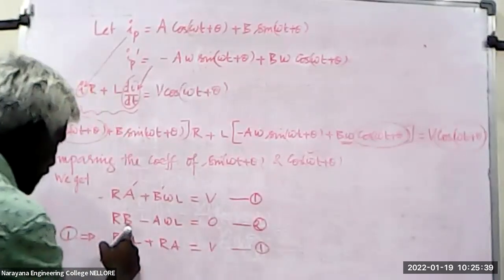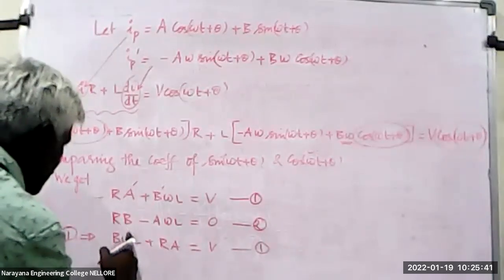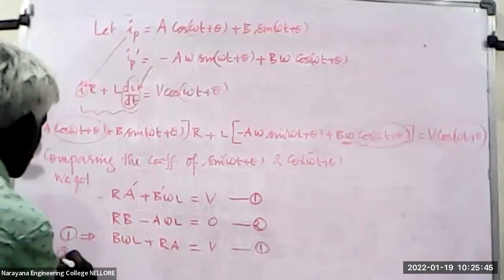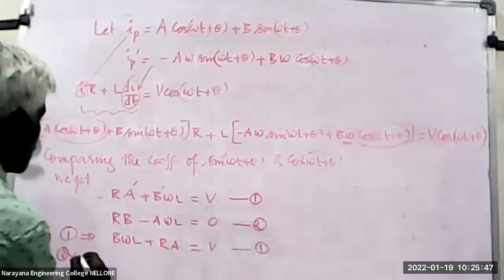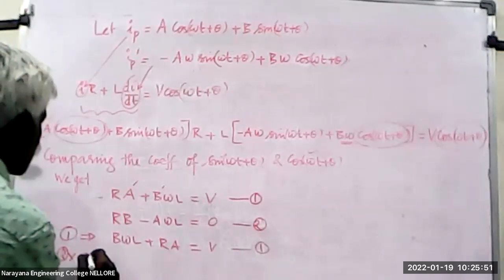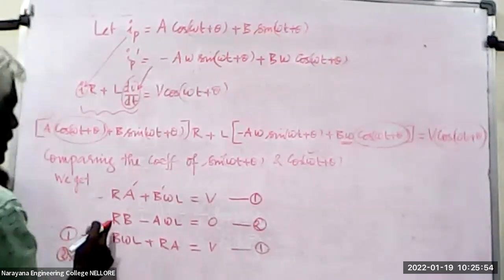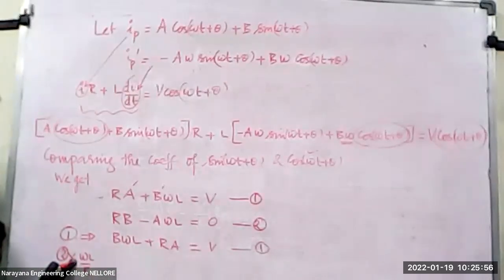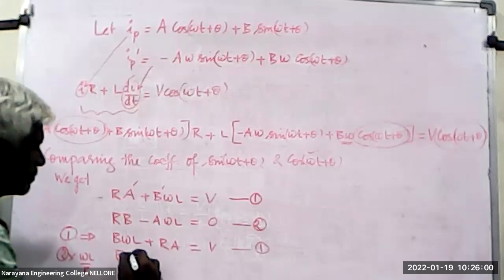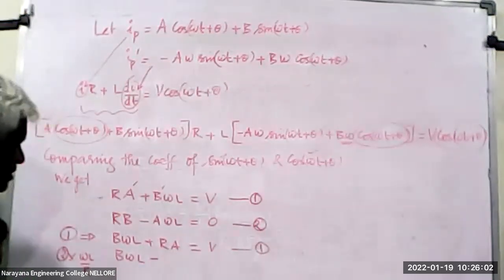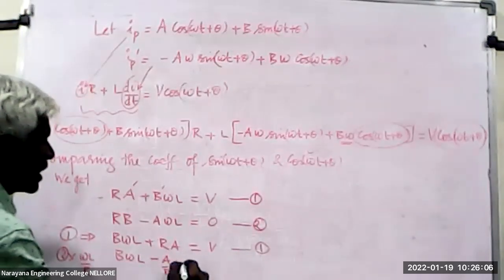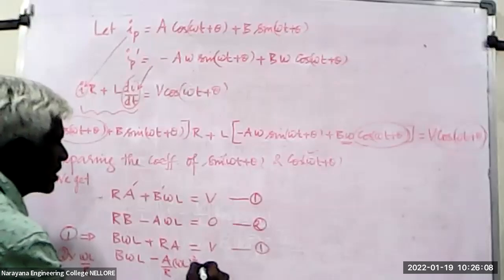Then I need to multiply and divide the second equation. The second equation is multiplied with omega L and divided by R, so that I get B omega L minus A by R omega L square is equal to 0.